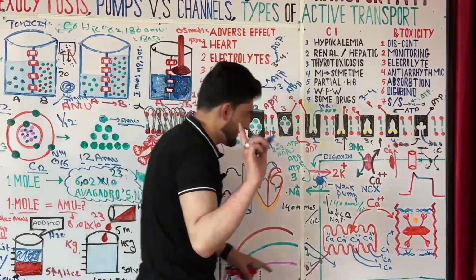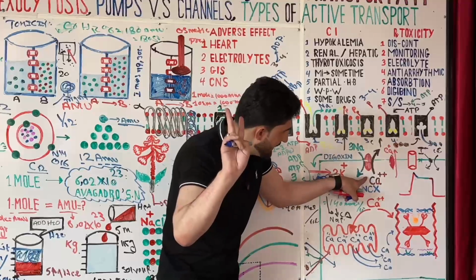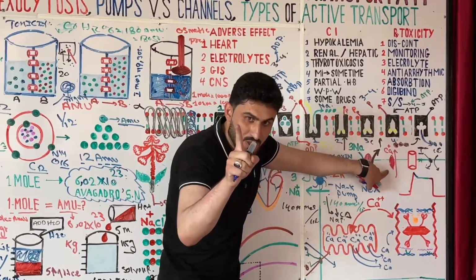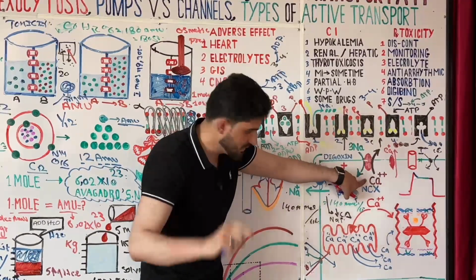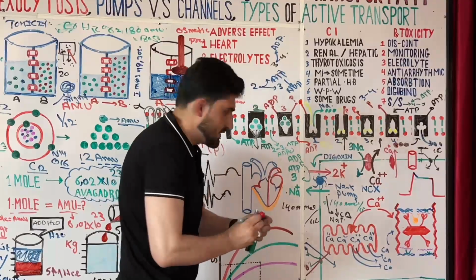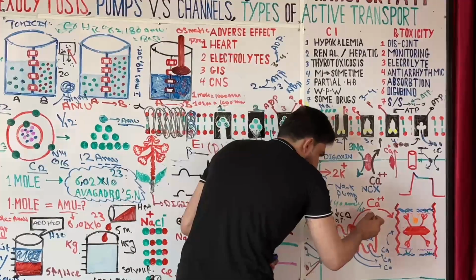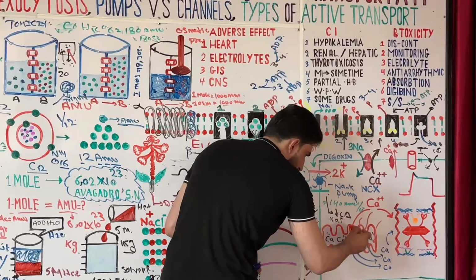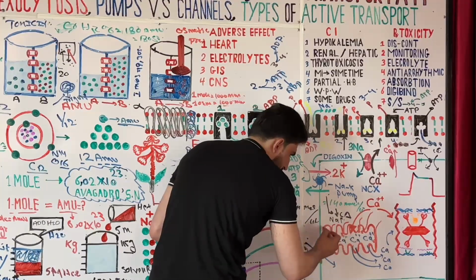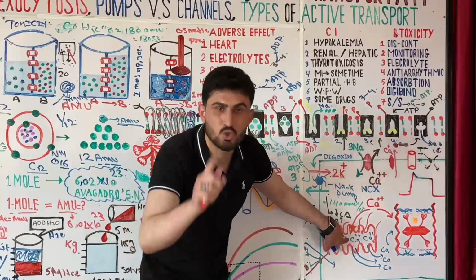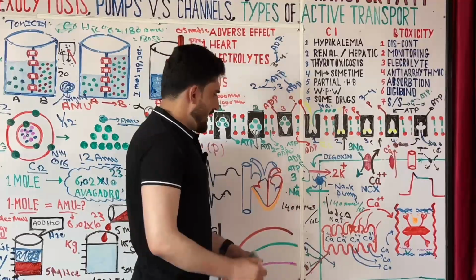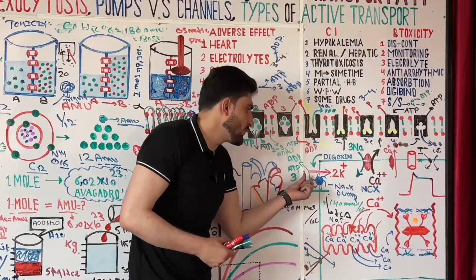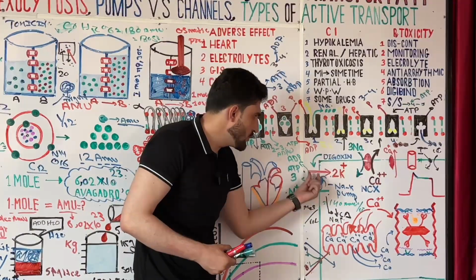Keep in mind, these are the two ways that calcium goes out of the cell: active transportation and secondary active transportation. And some part of calcium is pumped actively into the sarcoplasmic reticulum, or the endoplasmic reticulum of these muscles, and is stored there.